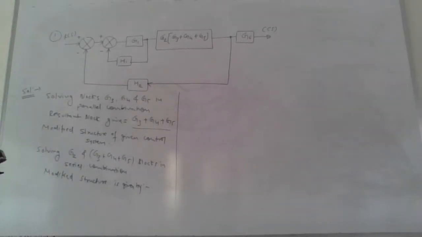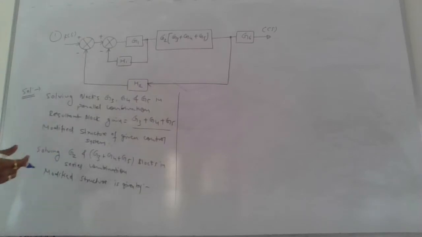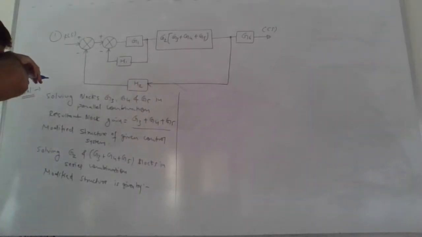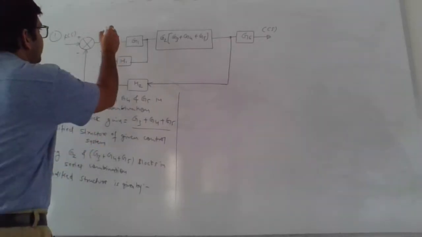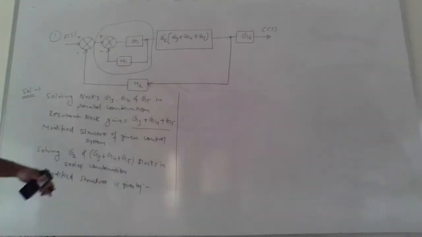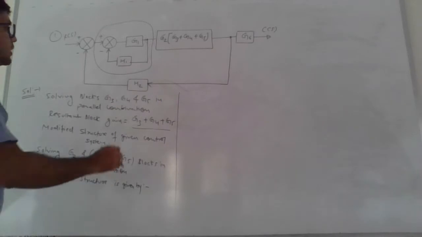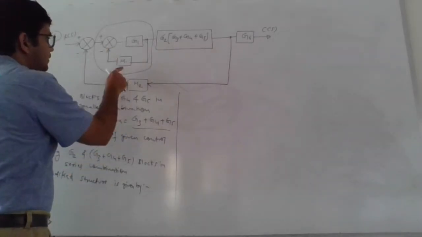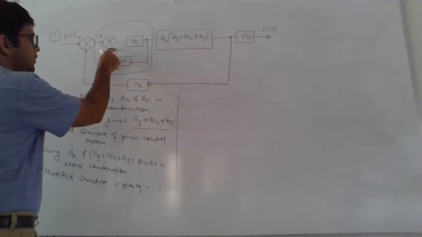Now let us try to examine the combination of the blocks, whether they are in series or in parallel, or we need to apply some different rules over here to find out the modified structure. So if you observe this structure, it is nothing but a closed loop where this G1 indicate the forward path gain, this H1 indicate a feedback path gain with a negative sign, and this is nothing but your summing point.